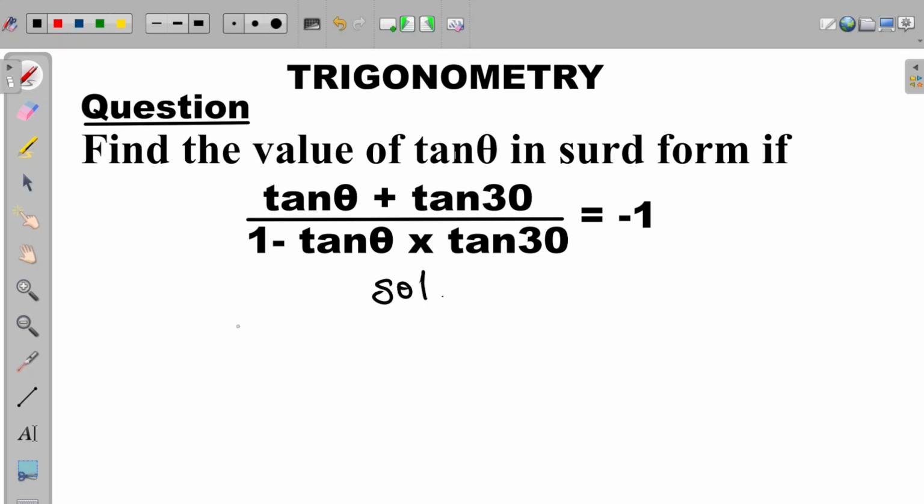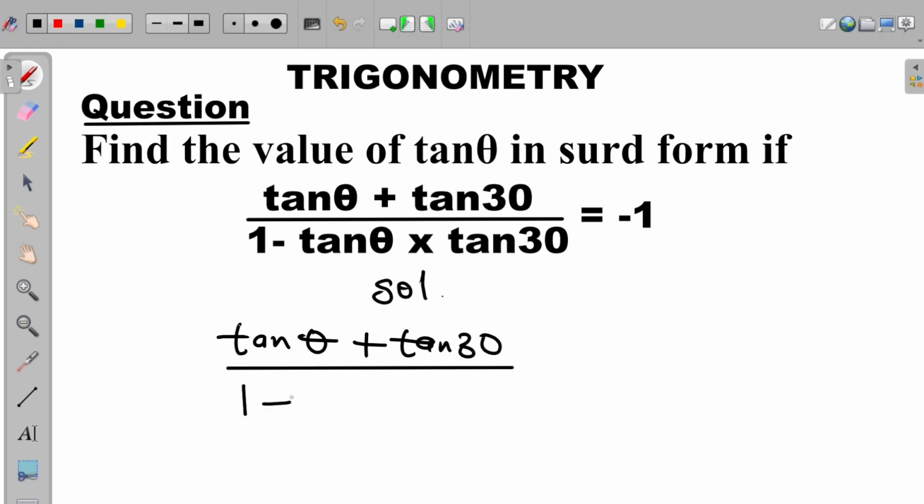So we have (tan theta + tan 30) divided by (1 − tan theta multiplied by tan 30) equal to negative 1.